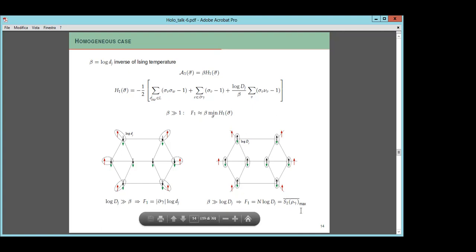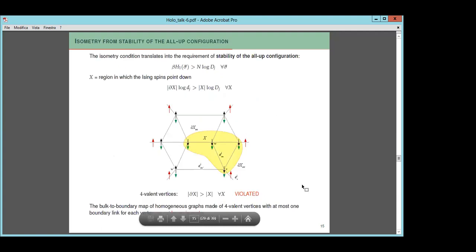And in this case, we have that the entropy is maximized. So the result of this observation is that the isometry condition for the map can be translated to the requirement of stability of the configuration in which all Ising spins point up.